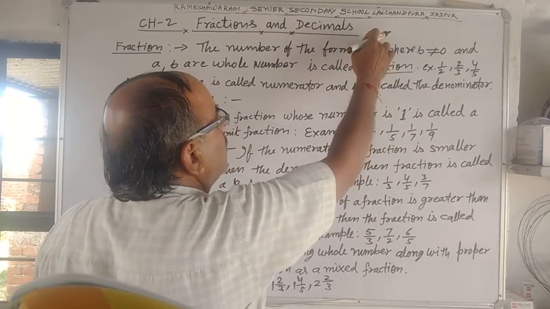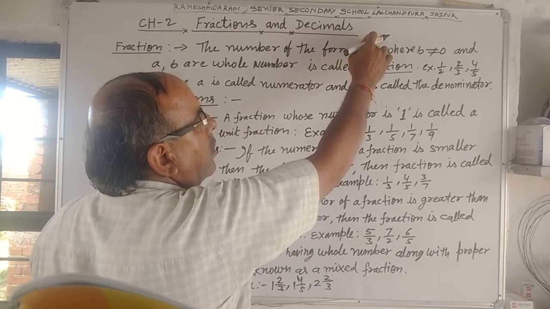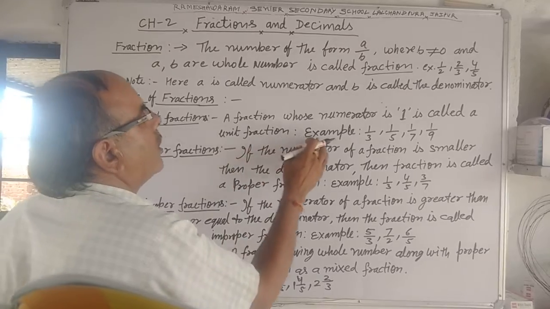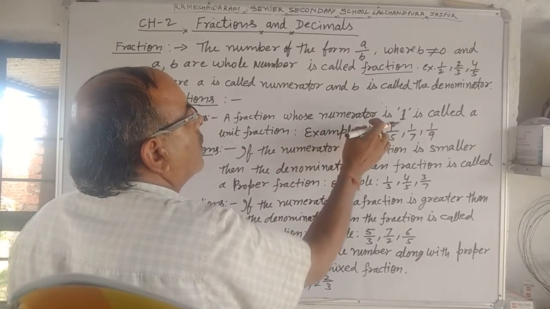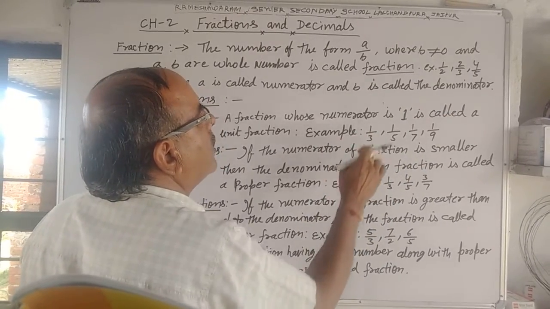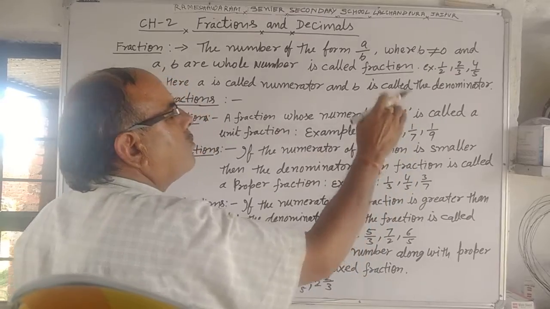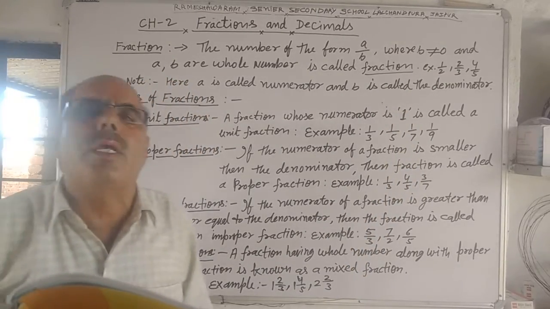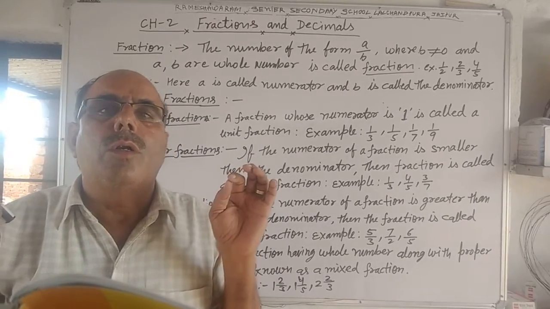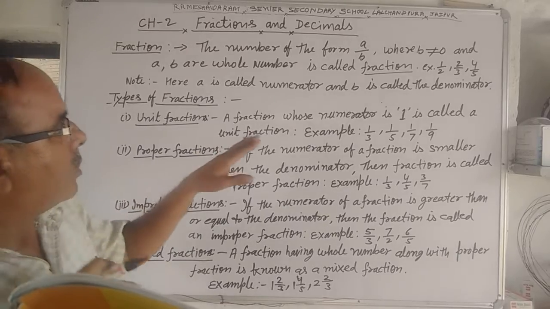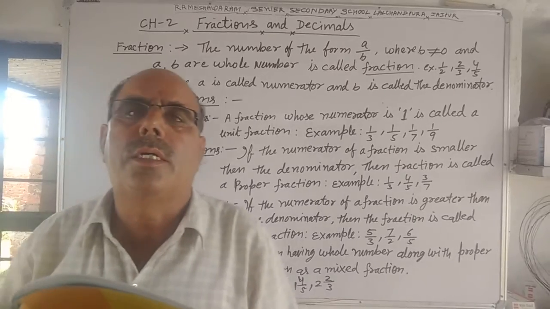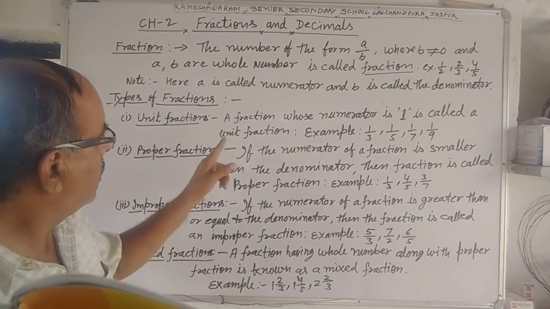Numerator means the upper number. If the upper digit is 1, it is called a unit fraction. Example: 1 by 3, 1 by 5, 1 by 6, 1 by 9, 1 by 20, 1 by 100. All the fractions having numerator 1 are called unit fractions.